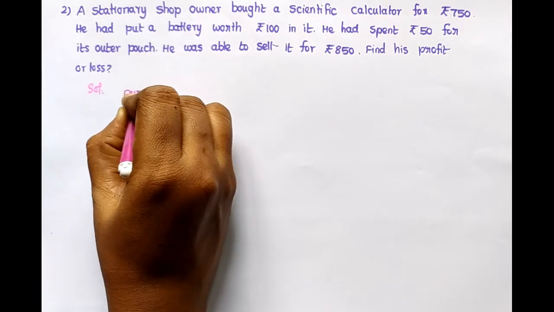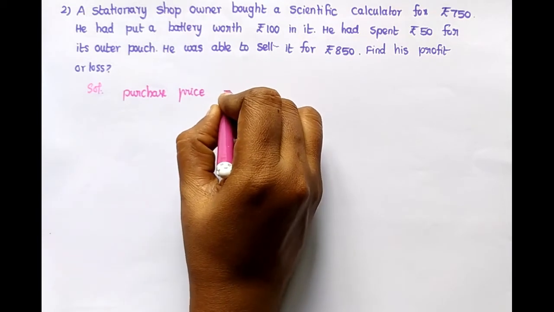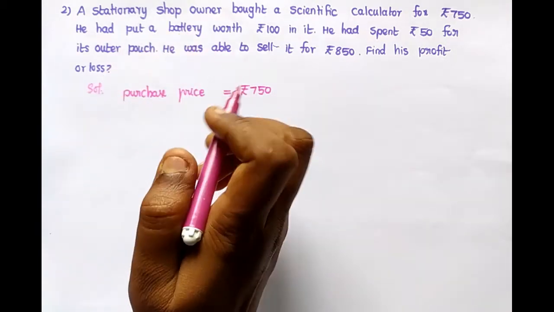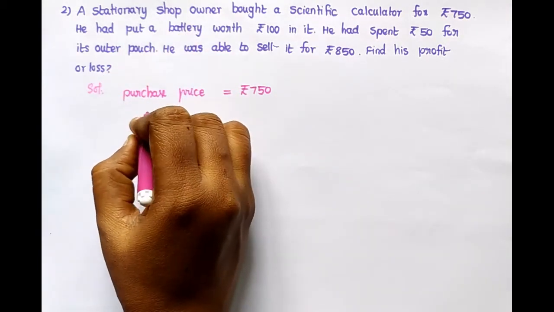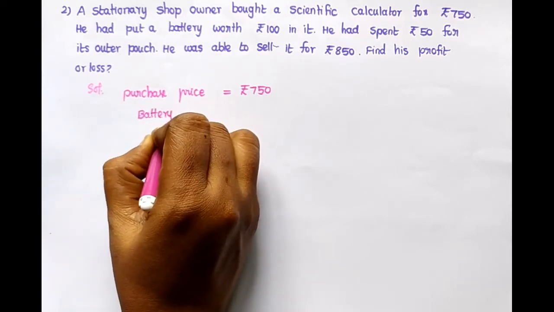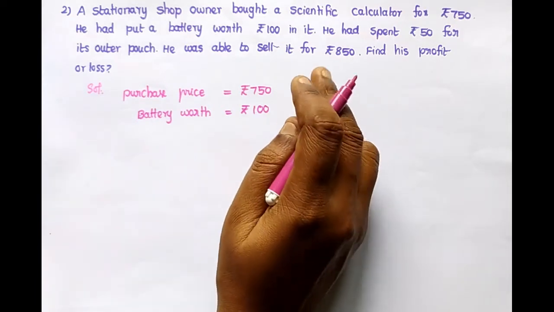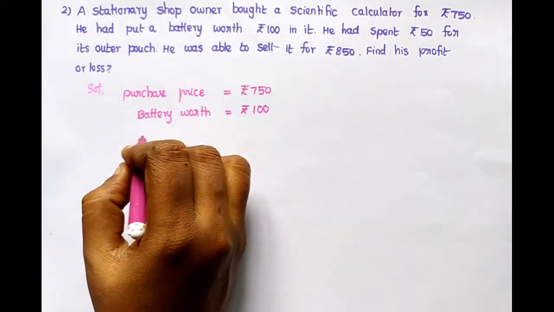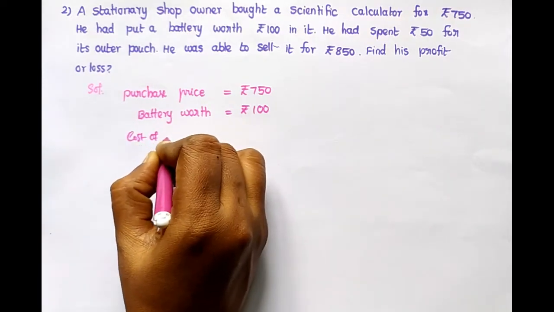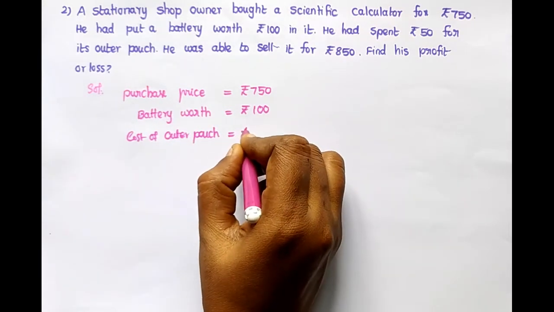So the purchase price is equal to rupees 750, and the battery worth is equal to rupees 100, and then the cost of the outer pouch is equal to rupees 50.